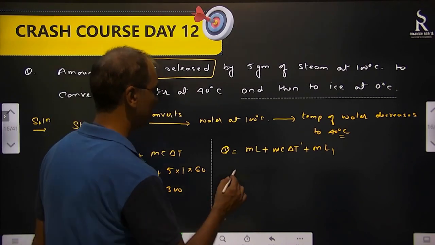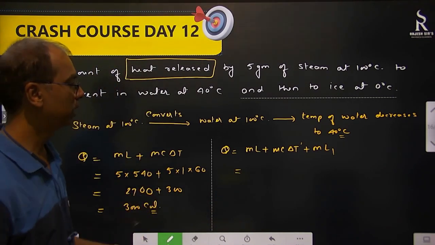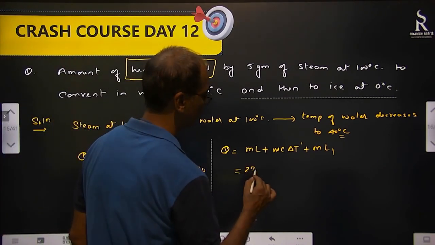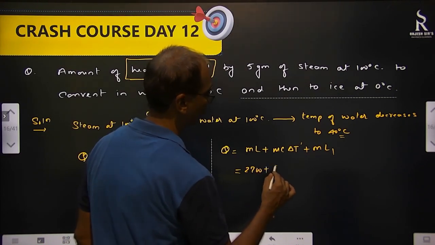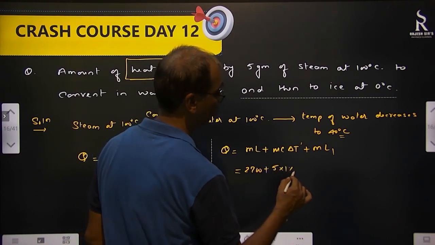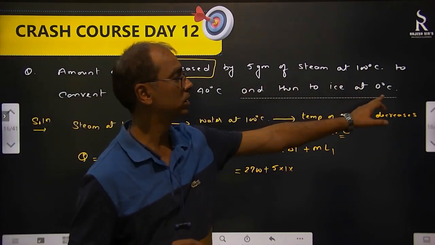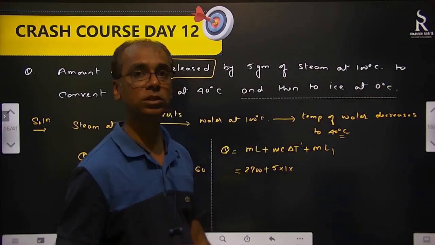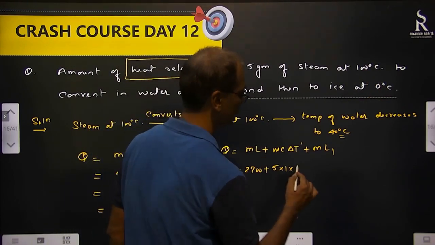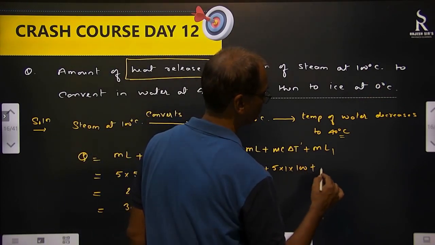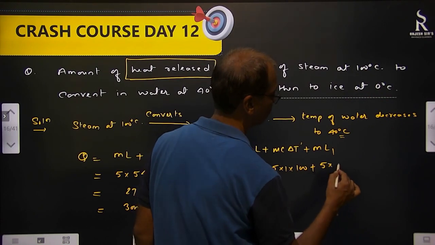So what it is here, you already calculated here, this is 2700. So this is 2700 plus mass is 5, this is 1, and this time how much? From 100 degree centigrade to 0 degree centigrade you are bringing. So how much is change in temperature? 100. Plus mass is how much? 5. Now latent heat is 80.